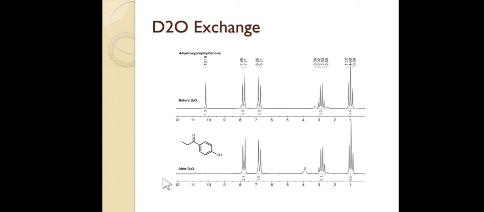Once we do it, you can see that the proton associated with OH has vanished. The H of OH is NMR active, but deuterium is not NMR active. Hence, when it becomes OD, the proton peak vanishes in the second spectrum.